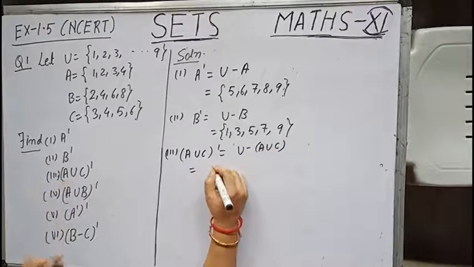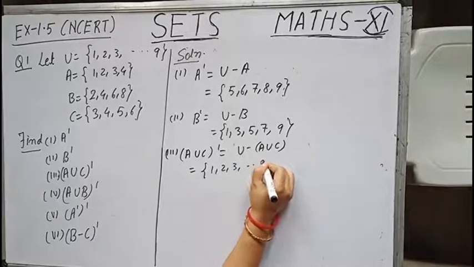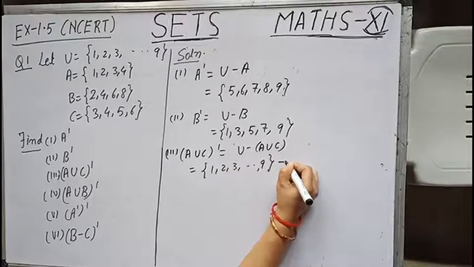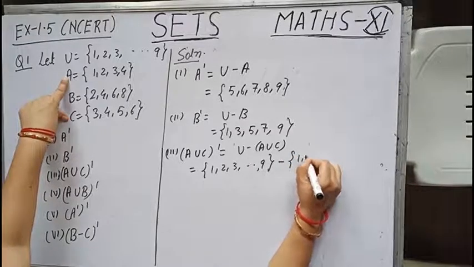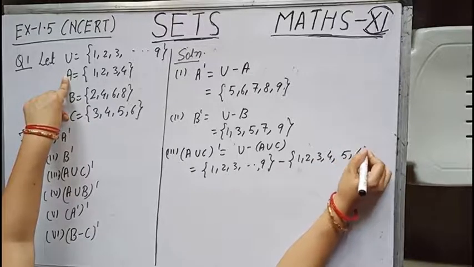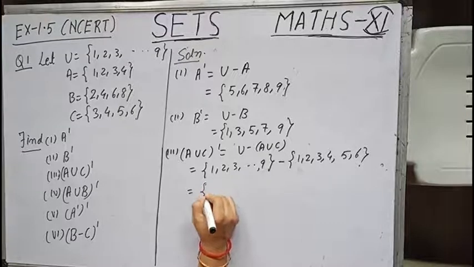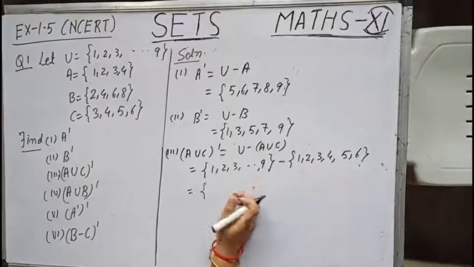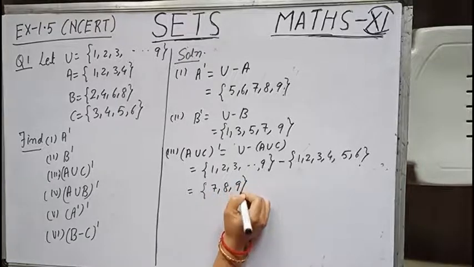Now this will be equal to the set containing 1, 2, 3 up to 9 minus (A union C). A union C will be 1, 2, 3, 4, 5 and 6. So their difference will be 7, 8 and 9.